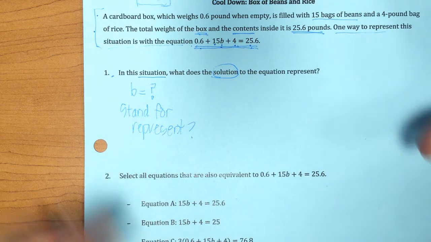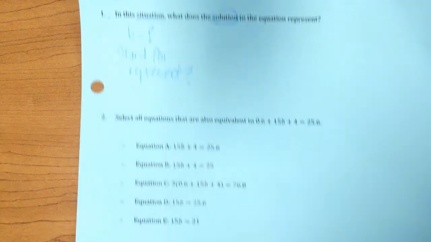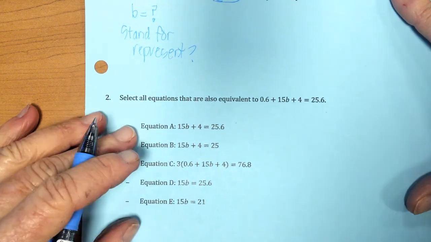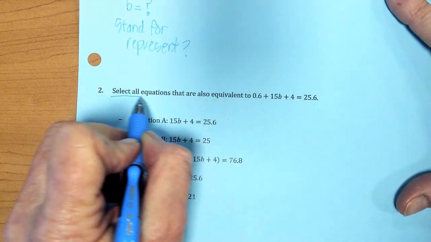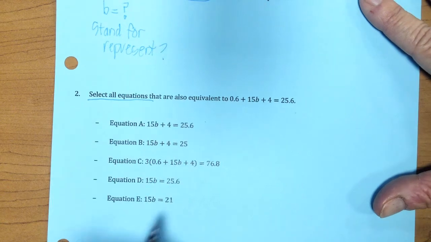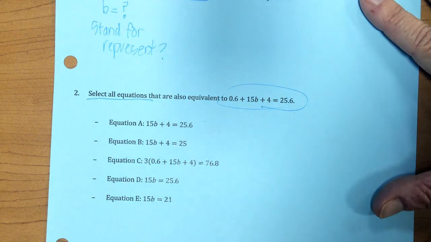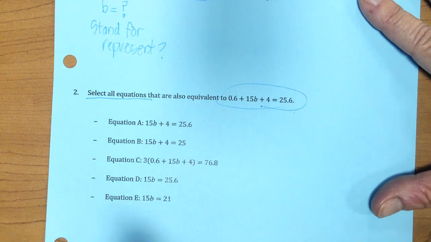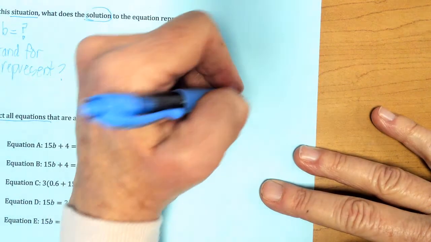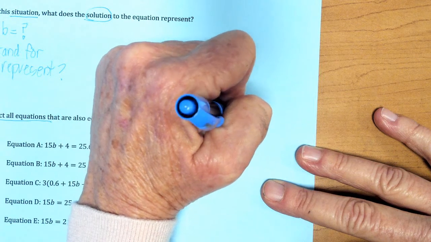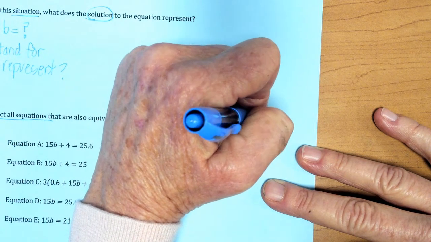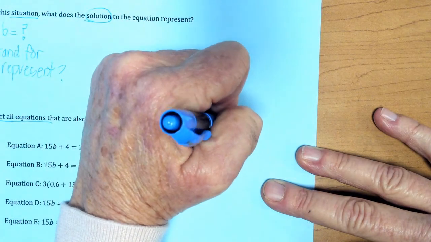After you do that, what they want you to do is, you're not solving anything. You're going to select all the equations that are equivalent to this one. And I want you to think about moves that were done. And again, think about the moves. Did I distribute? Did I add or subtract?